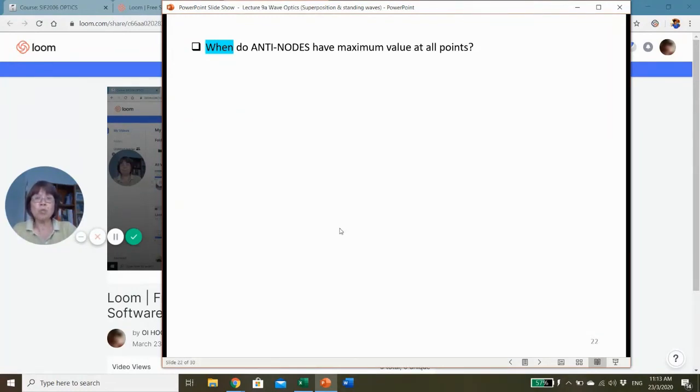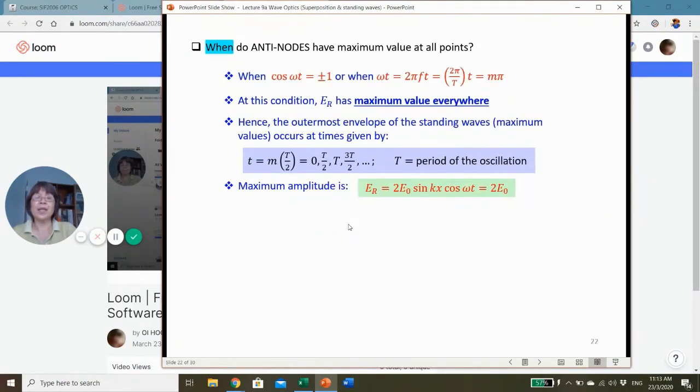At all points. Okay. Well, then we look at the time component. That occurs when cos omega t is equal to plus or minus 1. Substituting for omega as 2 pi f, where f is 1 over T, and T is the period, we have 2 pi t over the period. And when that is equal to m pi, that will give you 1, right?